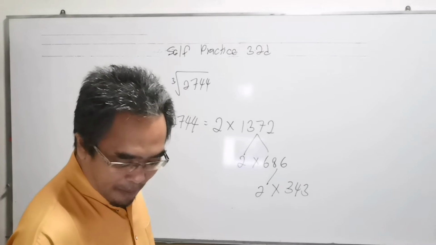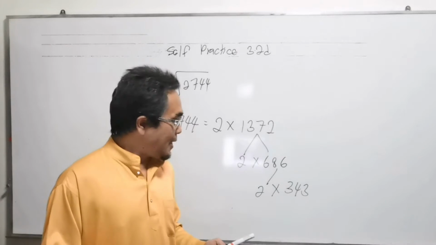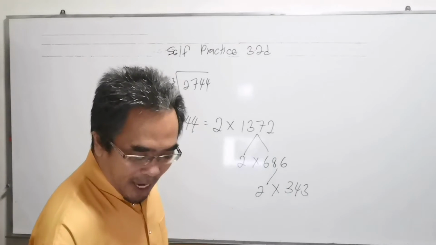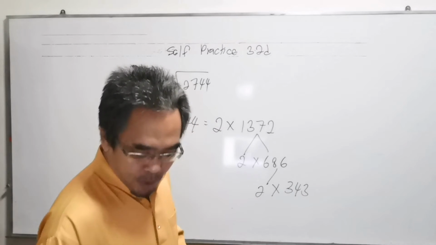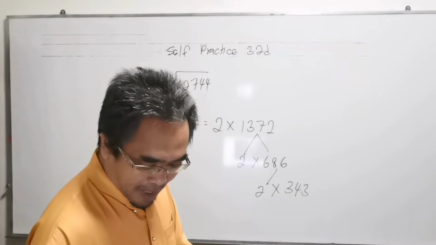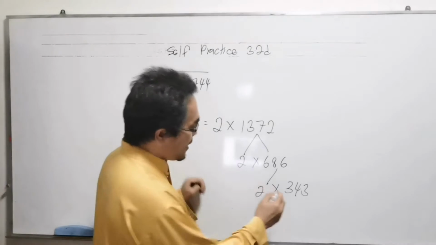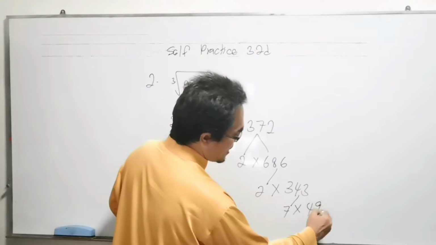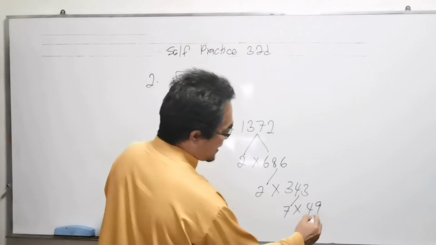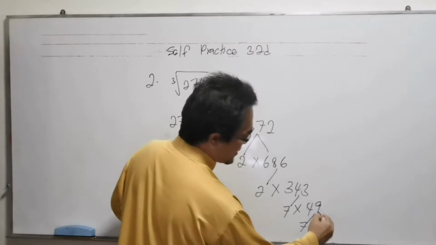You divide by 3, for example, it is not divisible by 3. So you try another number. Definitely you cannot divide this by 5. So you try to divide by 7, it is 49. So 7 times 49, and 49 is 7 times 7.